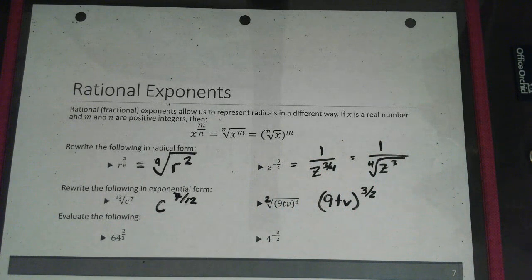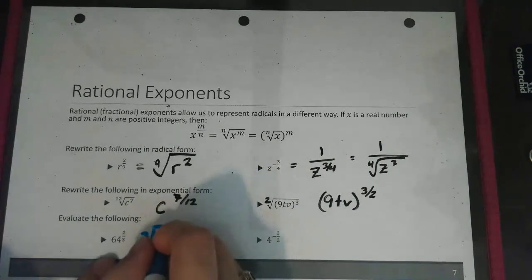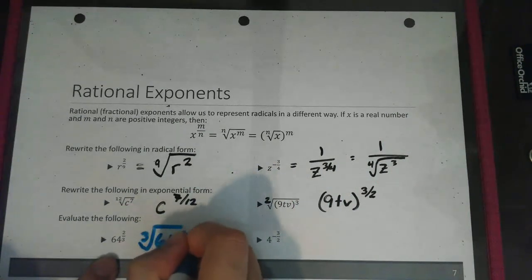Finally, we're going to do a little evaluating. Our calculators are able to do this, and I'm fine if you can type them in your calculator, but I do want you to understand where it's coming from. So if we're looking at 64 raised to the 2/3 power, if we start by writing this in radical form, that will be the cube root of 64 squared.